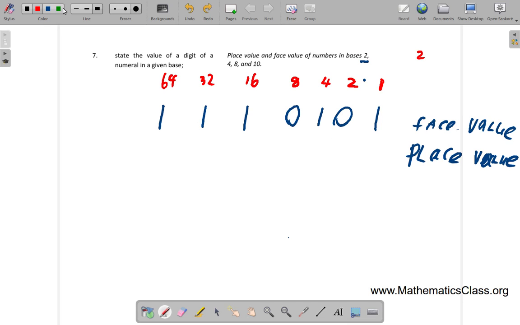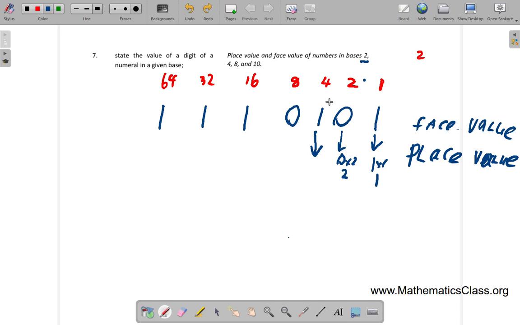So now, looking at place value, this is 1 one. All right, so this is just 1, but this 0 is 0 twos, so it's 0 times 2, which is 0. This is 1 times 1, which is just 1. Now what about this 1 here?